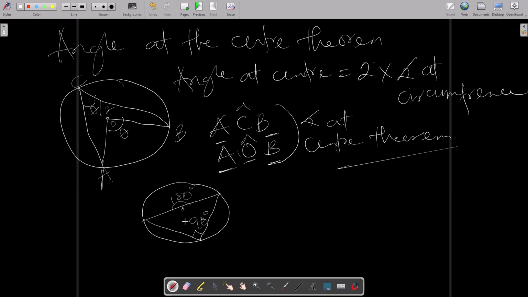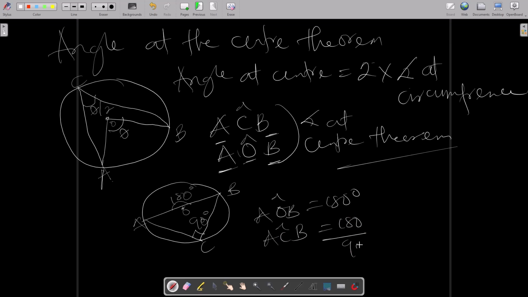Again, we check it at center O, A, B, C. You have A, O, B, which is 180, and A, C, B is 180 over 2, that is 90 degrees.